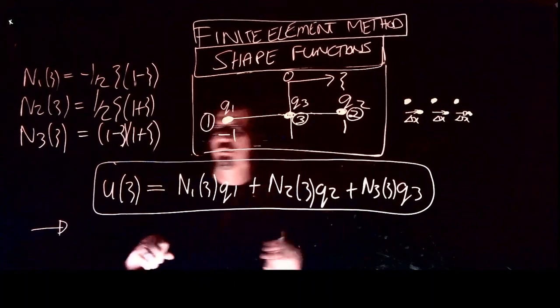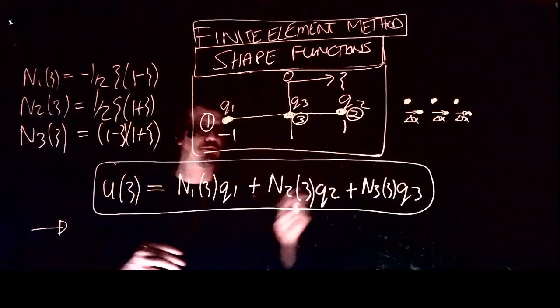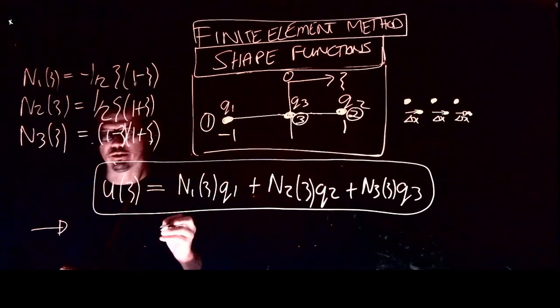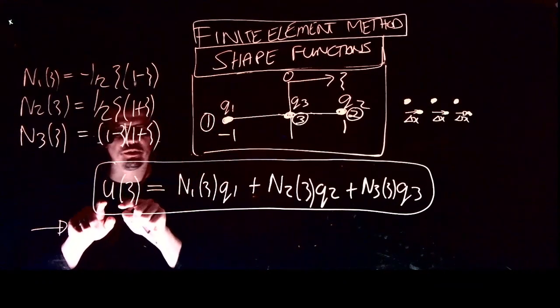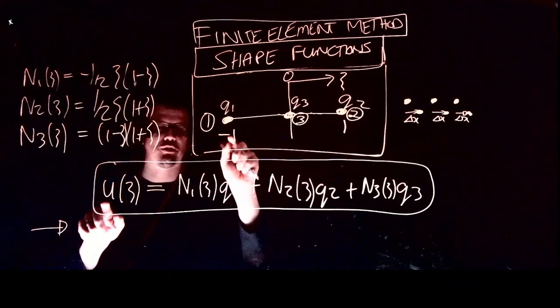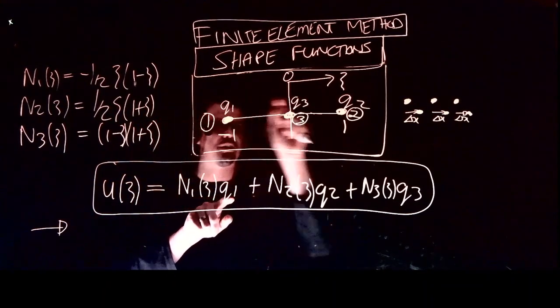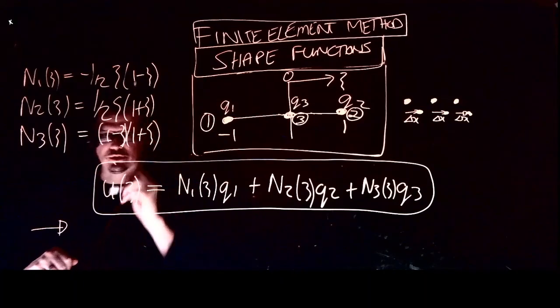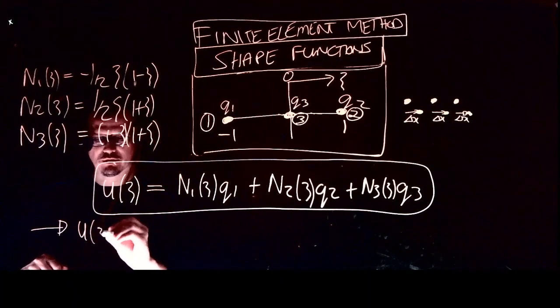So what would be required for that to hold? What would be the requirements? So let's see. This is my displacement field, remember, at any psi. I've got the unknowns q1, q2, and q3, but I can evaluate for any psi. So let's say u is a function of psi.